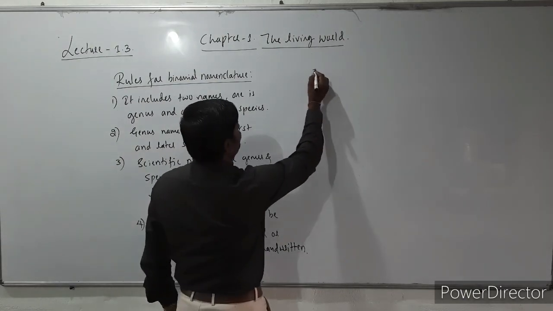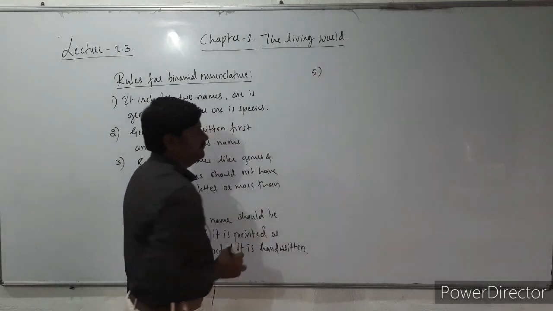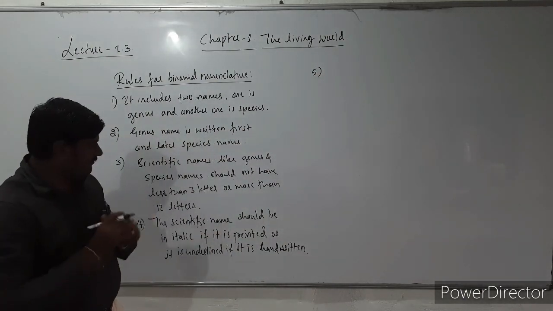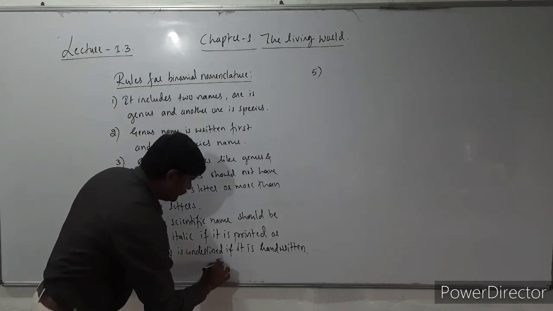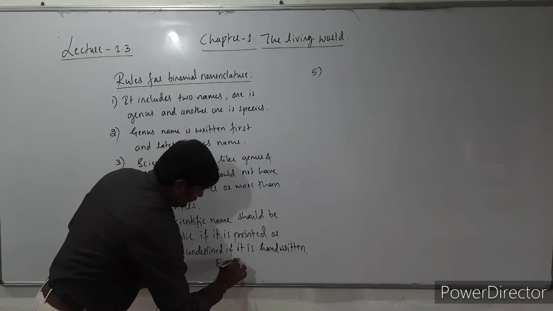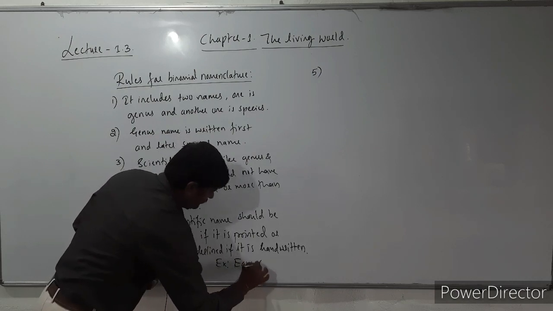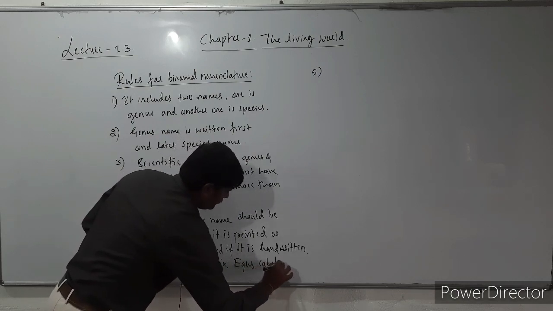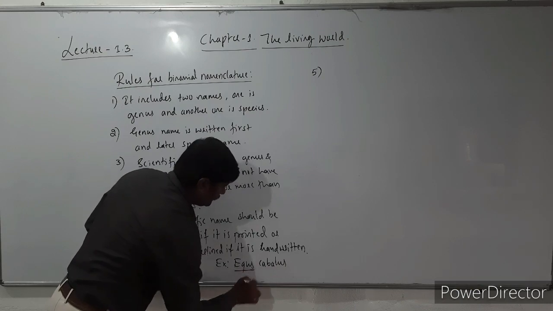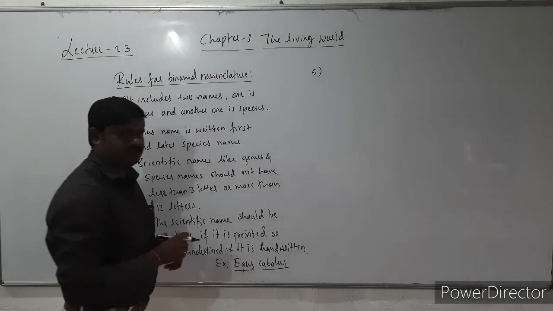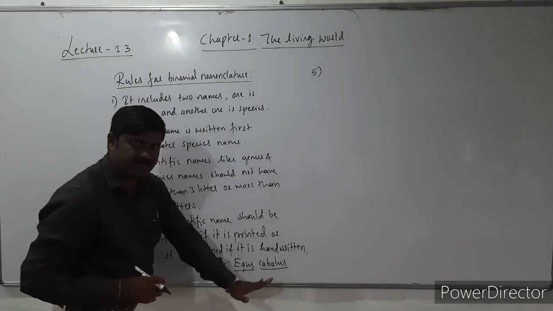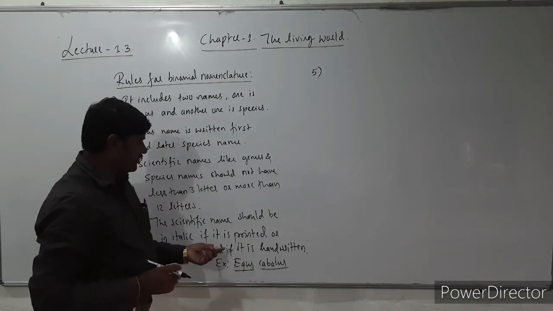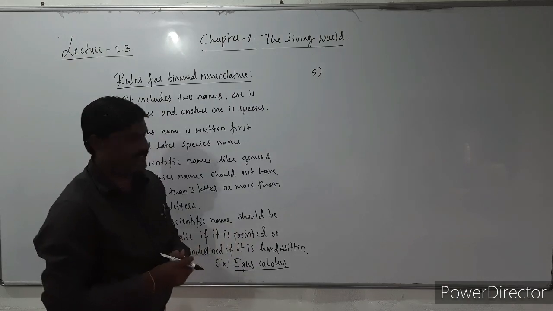So this is the 4th rule. Example we can quote over here: Equus caballus. Equus is underlined, caballus is also underlined over here. Why? Because it is handwritten. If it is printed, then it should be written in italics, right?